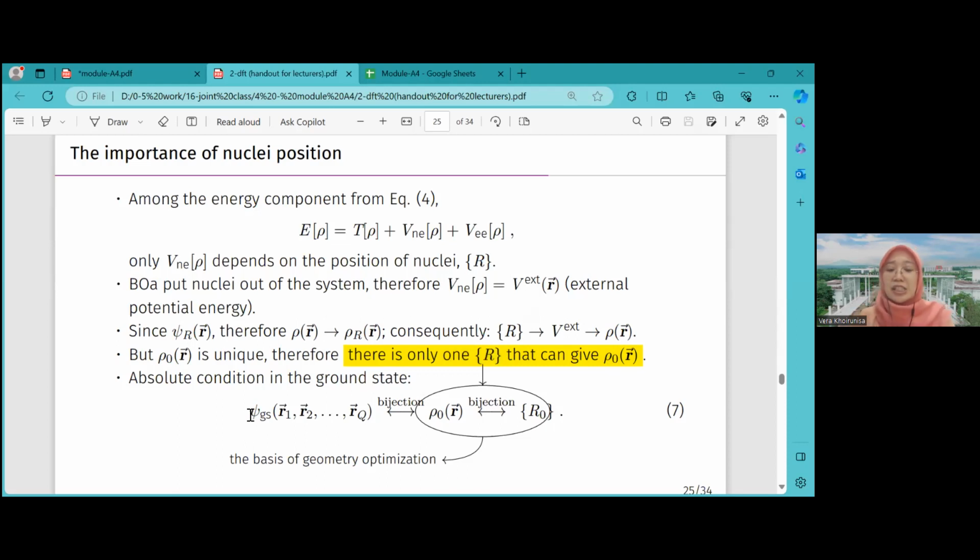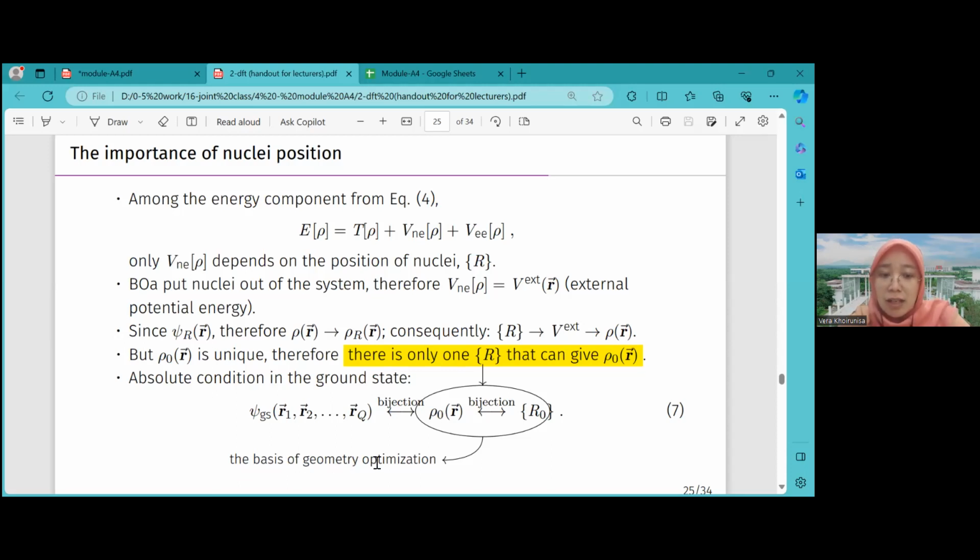What is a bijection? Bijection is a one-to-one correspondence. So they are pairing. C ground state has one correspondent to rho zero, and then rho zero has one correspondent to R zero. So the R zero will give the rho zero in the ground state.